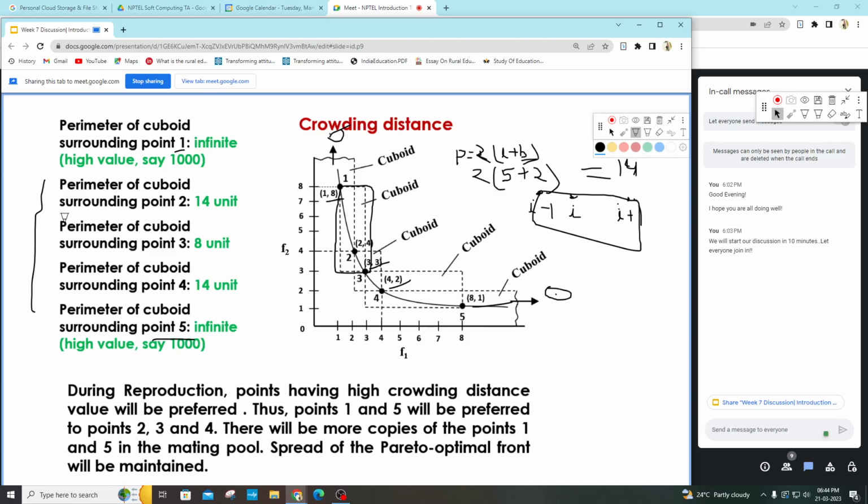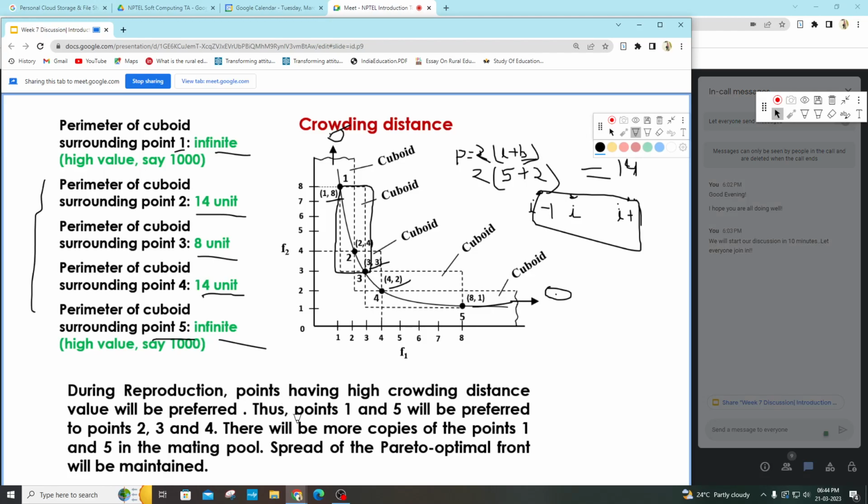So this is the perimeter, or the crowding distance, for point 2. Similarly, you can check the crowding distance of point 3. Similarly, you can check the crowding distance of point 4. So here in one step only you can see this, as the crowding distance of point 1 and point 5 are very high.